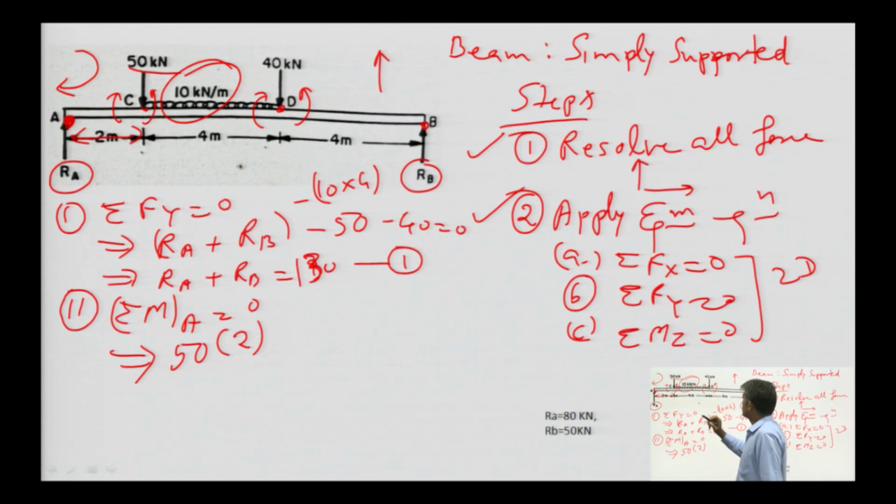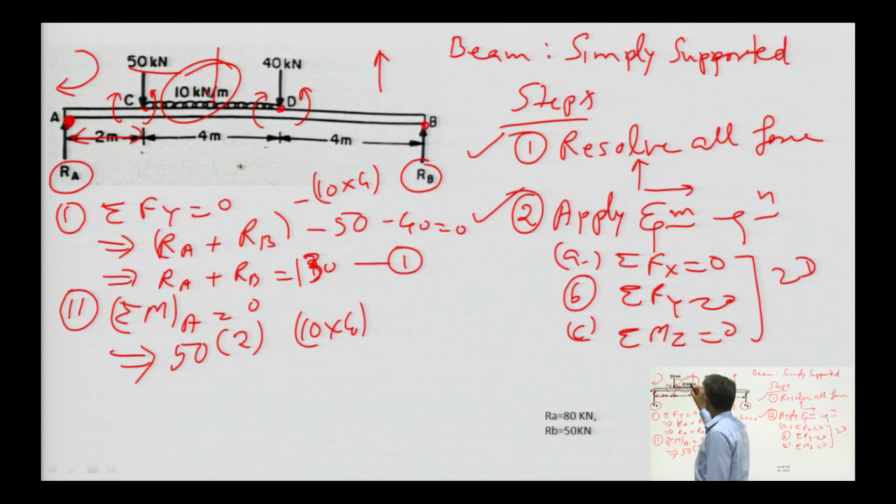Come to next force. Next force is UDL. Value of UDL is 10 into 4. This is the value of the force. And what will be the perpendicular distance? Perpendicular distance will be this distance.